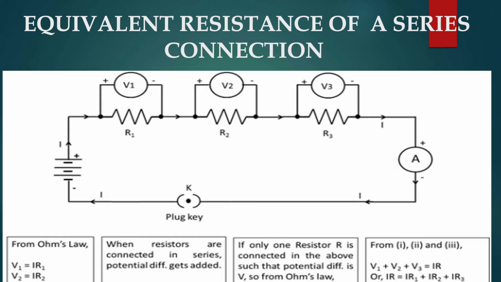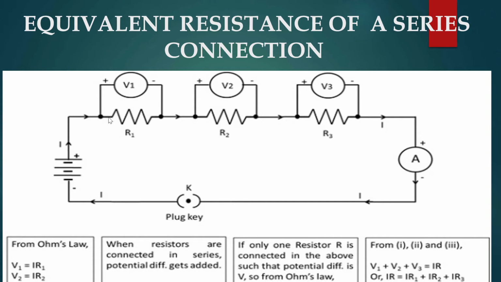Now we'll calculate the equivalent resistance of a series connection. You are able to see three resistors connected one after the other in series, with a plug also in the circuit and an ammeter connected.